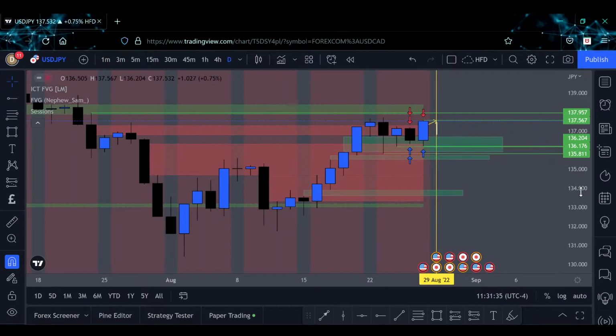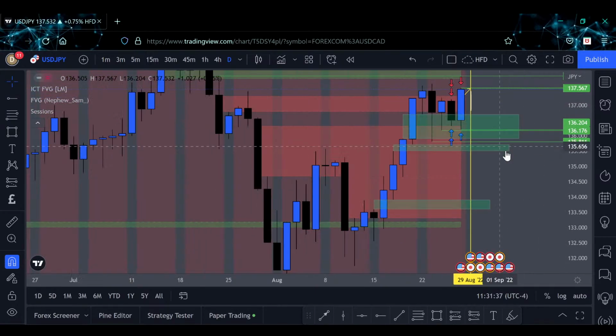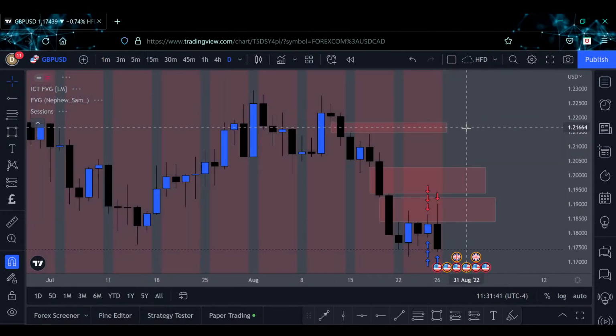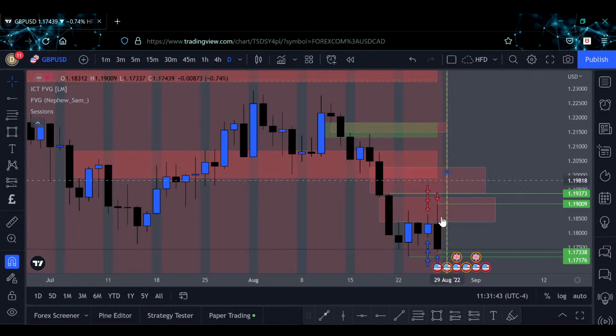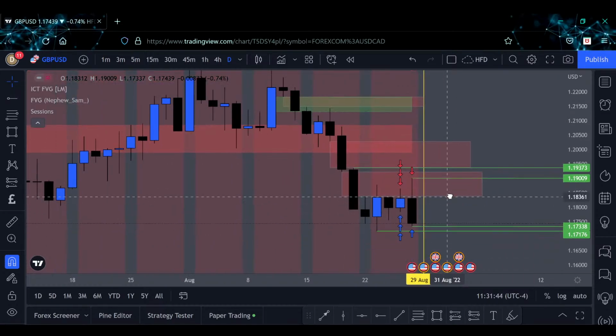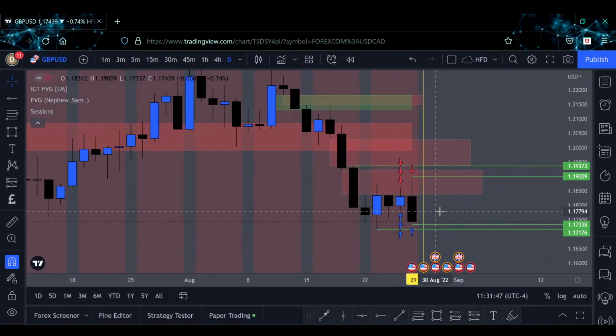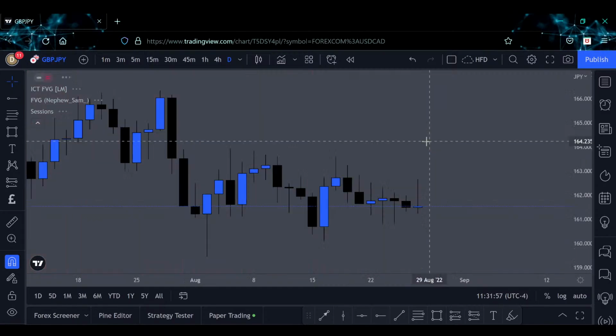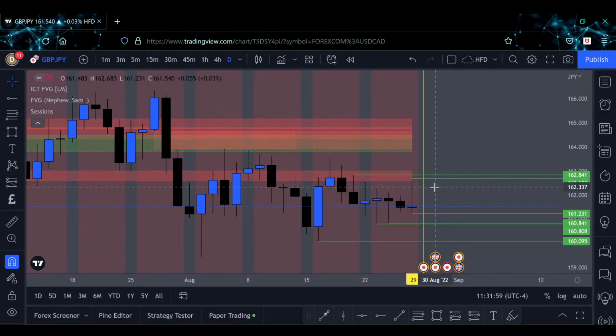USD JPY looks to take the highs as well. Bullish on that. JPY USD, let's say bearish, take lows. GBP looks bearish as well.